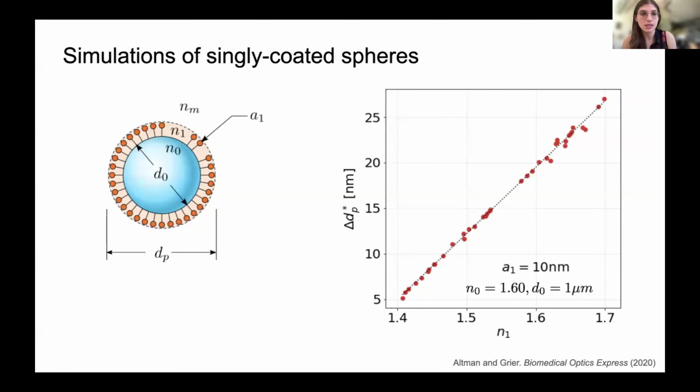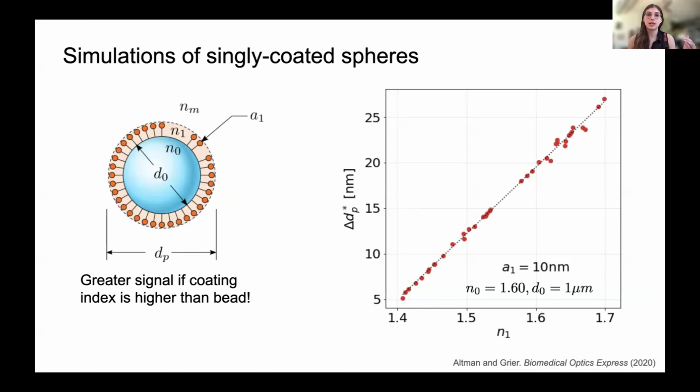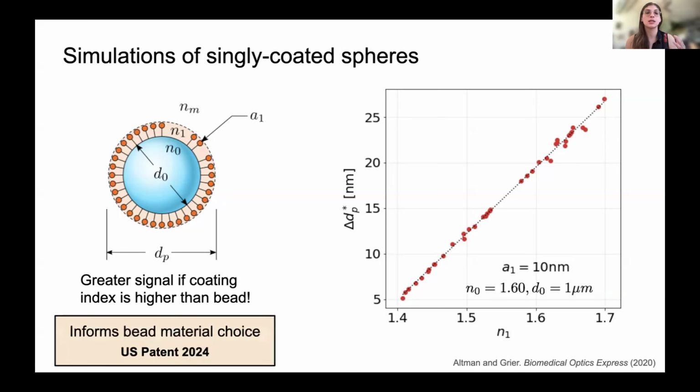So what this tells us is that we get a much greater signal, a much greater detection difference in the shift, if the refractive index of the coating is higher than the refractive index of the bead. And this is quite important because it tells us how we can construct this diagnostic test to have the greatest signal, the greatest detection strength.